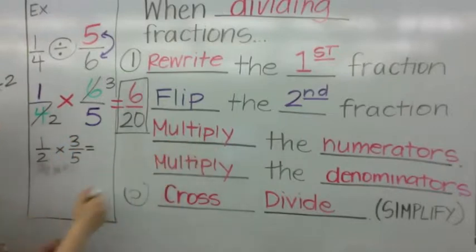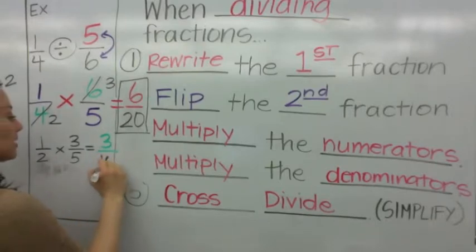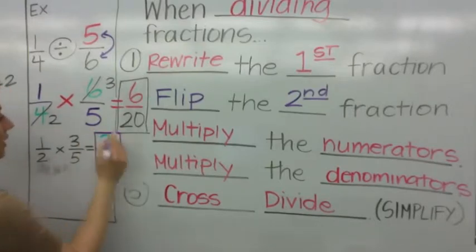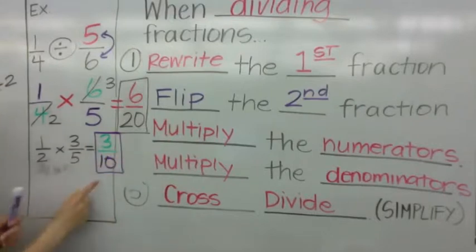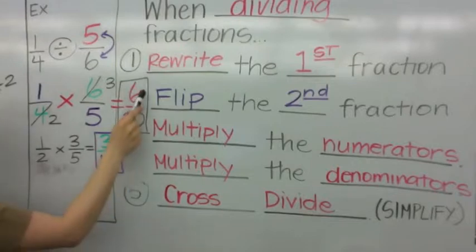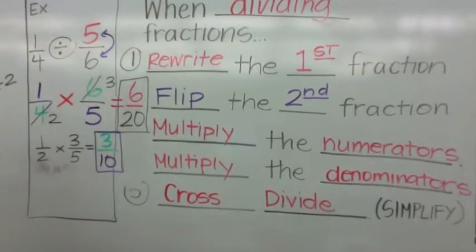Again, multiply the numerators. 1 times 3 is 3. And multiply the denominators. What's 2 times 5? 2 times 5 is 10. Now, simplified, the answer is 3/10. If you divided 6 and 20 by 2, 6 divided by 2 is 3. 20 divided by 2 is 10. Go ahead and get that down.